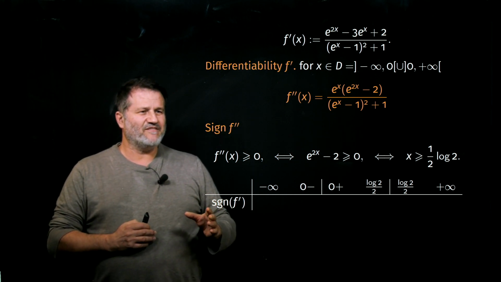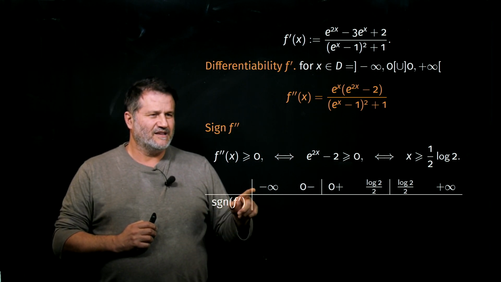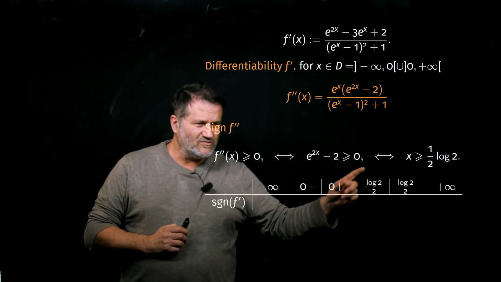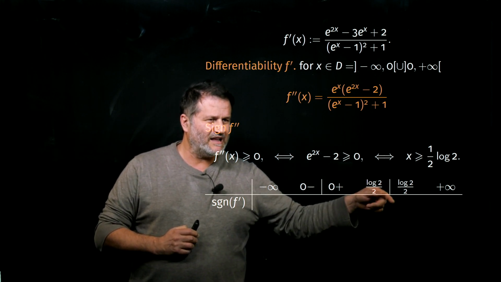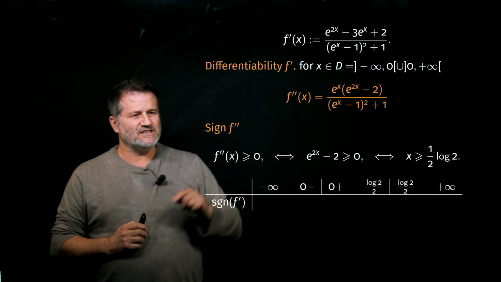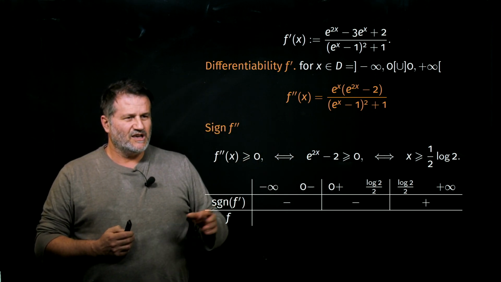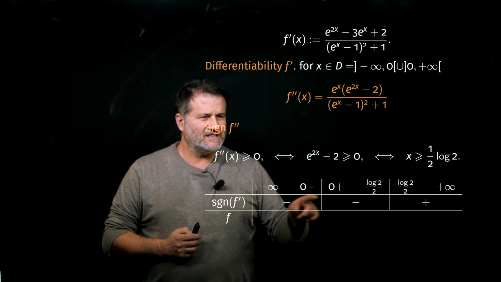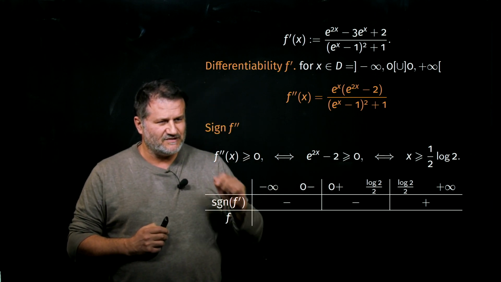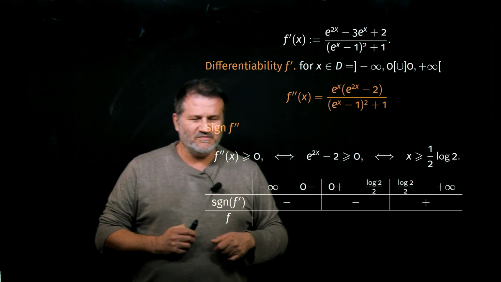So again, here we have a table of variation for the sign of f second. Here we divided the intervals into minus infinity to 0, 0 to 1/2 log 2, and 1/2 log 2 to plus infinity. Because this says that f second is positive for x larger or equal than log 2 over 2. So in these first two intervals, the sign of the second derivative, there is a typo here, will be negative, while here it will be positive.